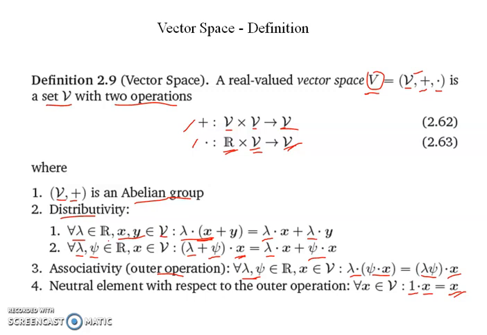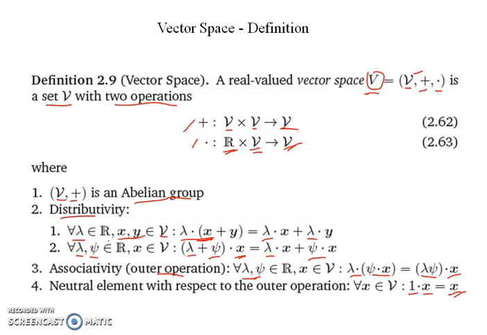In the case of scalar multiplication, the distributivity property should be satisfied, and associativity, that is the outer operation, in which we take two scalar quantities which belong to the real set and multiply with the vector, which should give the same result as one scalar quantity multiplied with a vector, then later multiplied with another scalar quantity.